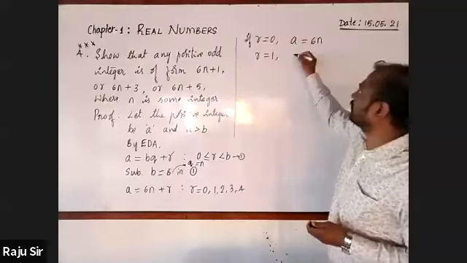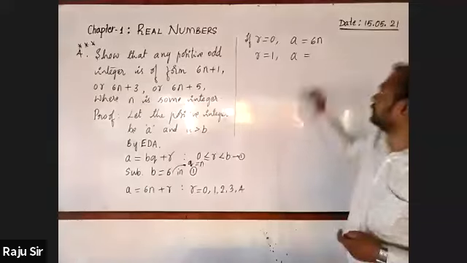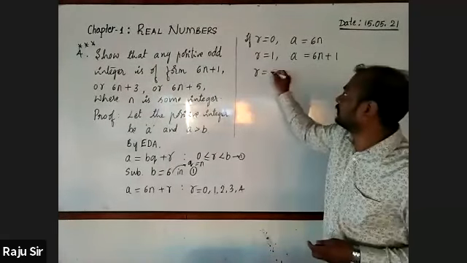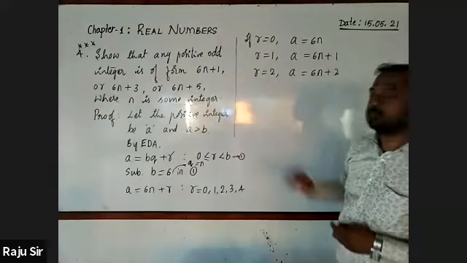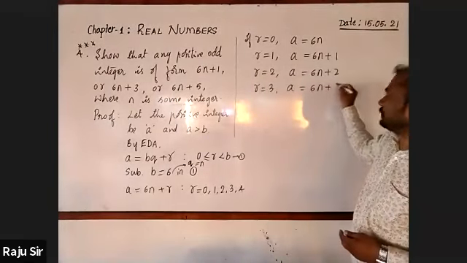Next, if r equal to 1, a equal to 6n plus 1. If r is equal to 2, a equal to 6n plus 2. If r equal to 3, a equal to 6n plus 3.